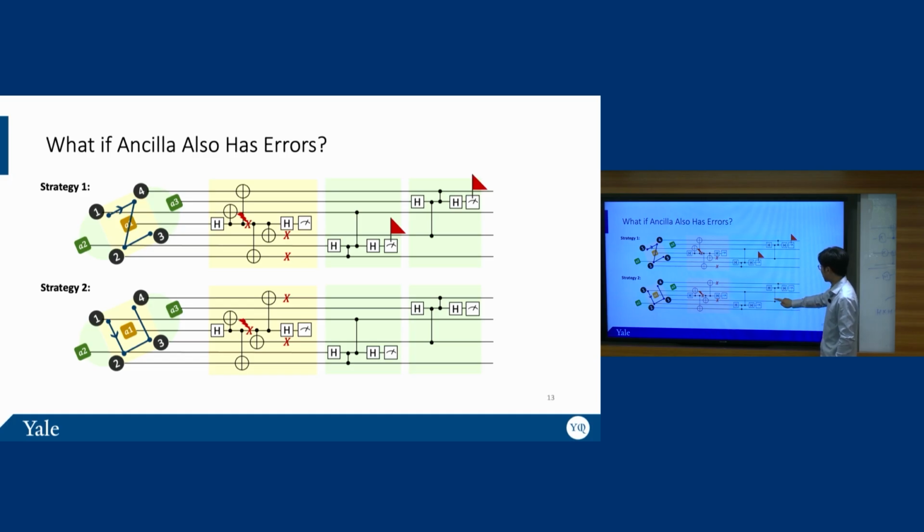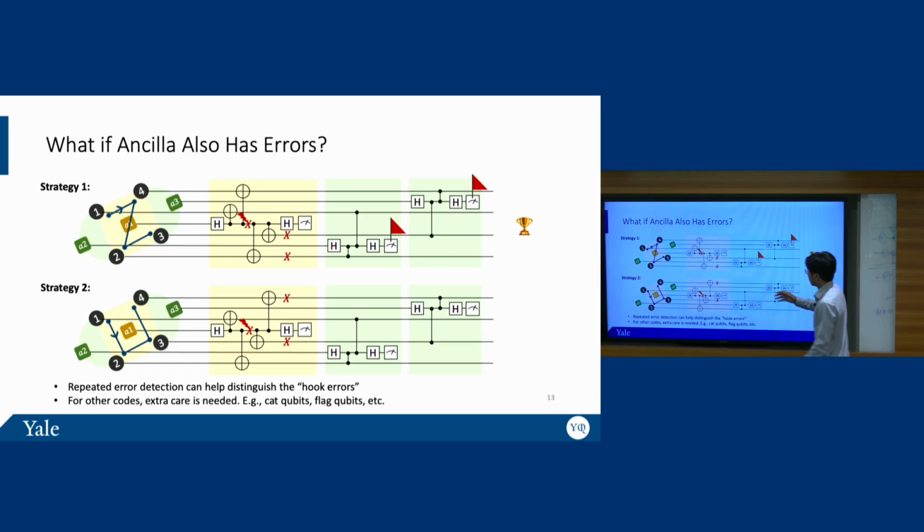It will flip the ancilla qubit twice, so that the resulting measurement is not flagged. So this circuit does not detect this particular error, but the first circuit does. In other words, the ordering of the checks matters, and it will take a lot of analysis to design a circuit that is actually robust to different kinds of errors.